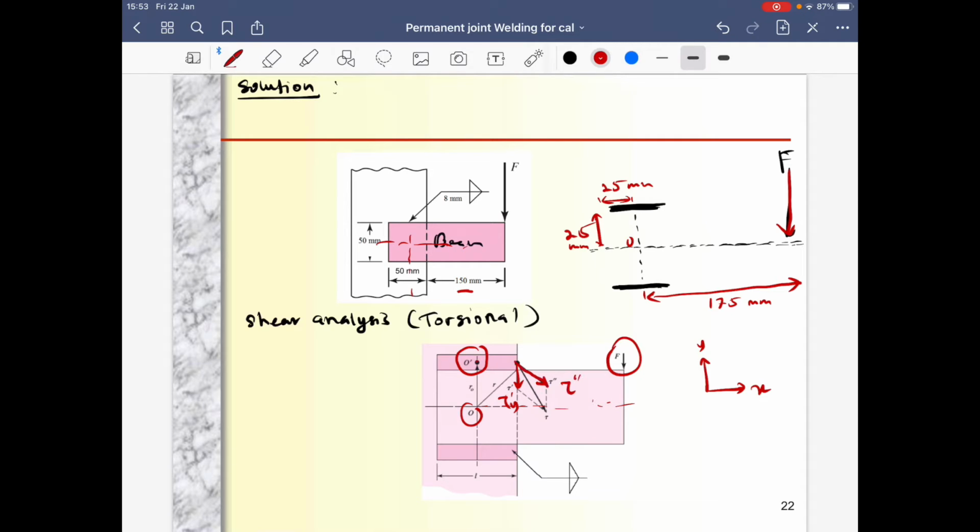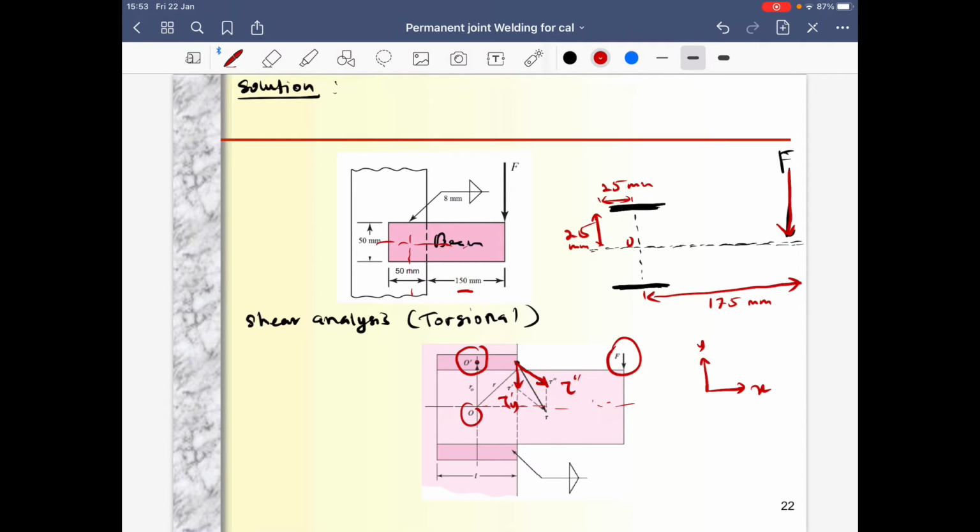So the secondary shear stress is not directly according to the y and x direction. So we do have to analyze both secondary shear stress according to the x and according to the y.